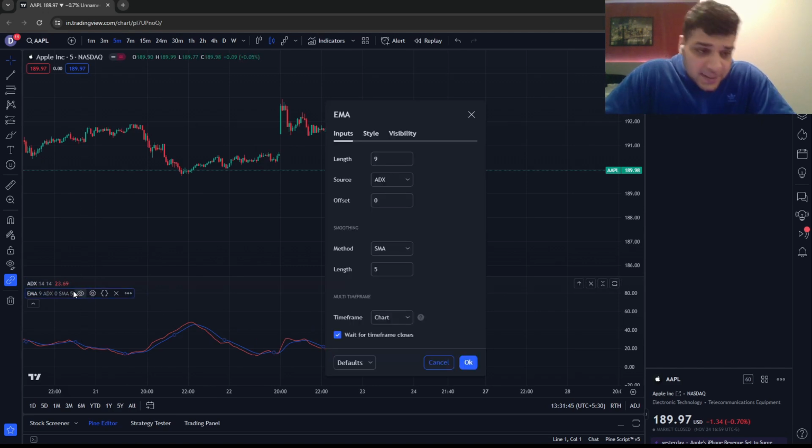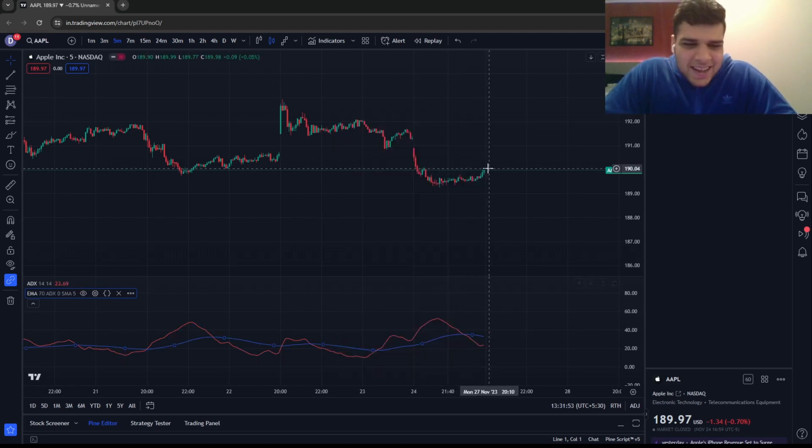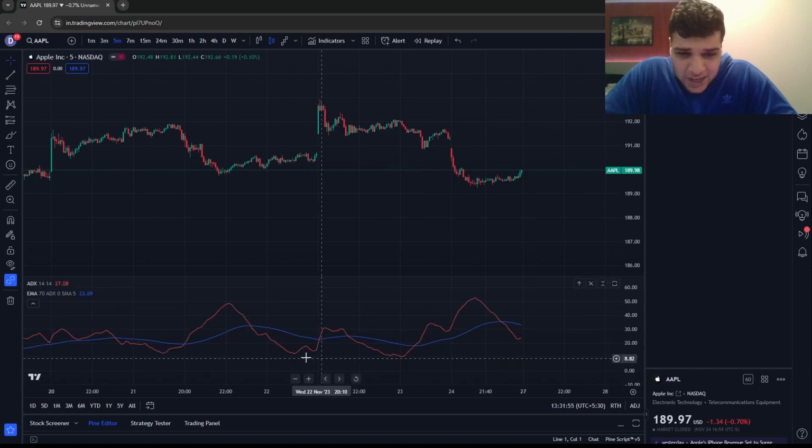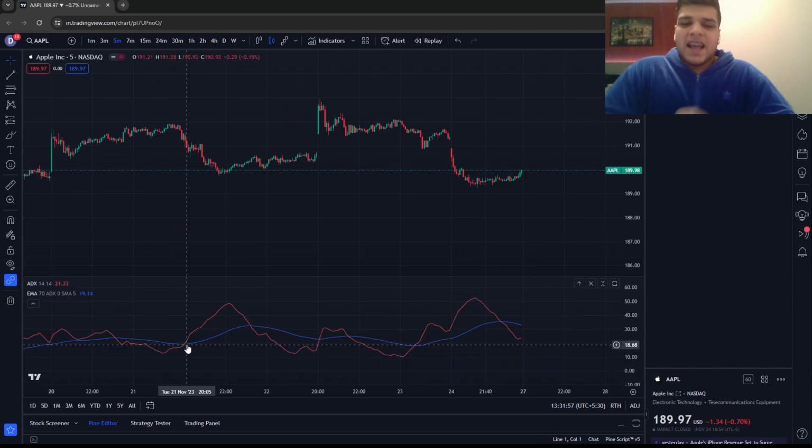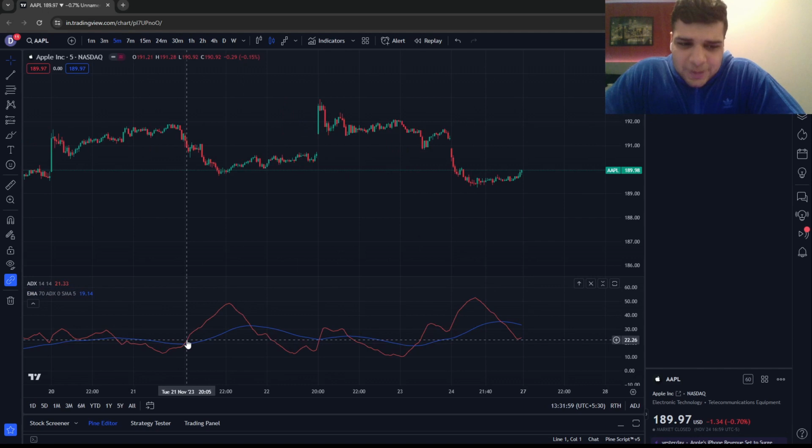Go to the settings on the EMA that's on top of the ADX, change the length to 70. Alright, now when you do that, a blue line will pop up here, and whenever the ADX goes above this blue line, the ADX of course being the red line, you can be assured that whatever momentum is happening in the markets will continue for a while.